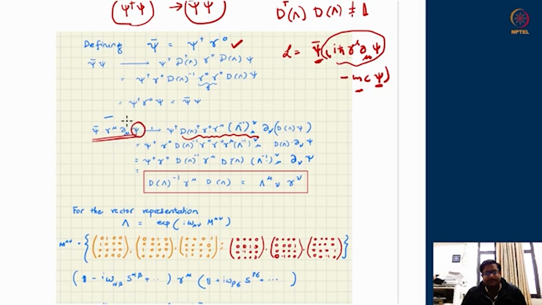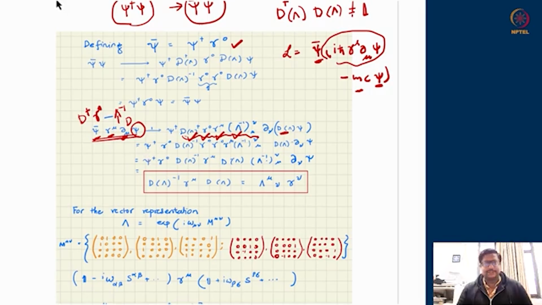Psi will transform with a D, del mu will transform with a Lambda inverse, gamma mu is a matrix, psi bar will transform with a D dagger gamma naught. So putting all these things together, I will get D dagger gamma naught, gamma mu, Lambda inverse, and the D. All the items which will be generated from Lorentz transformation.